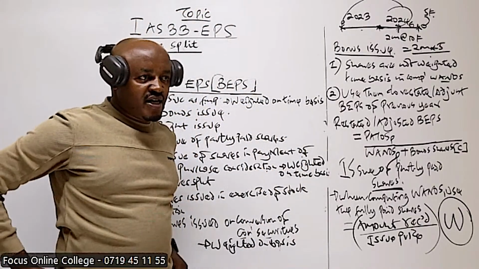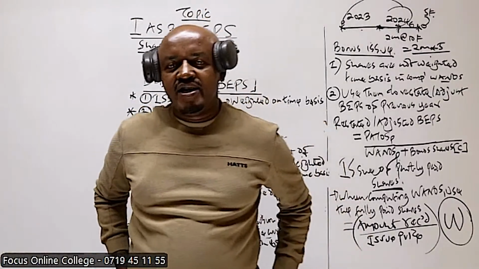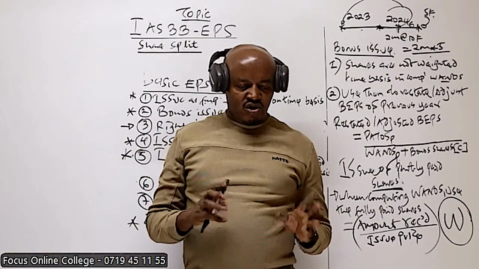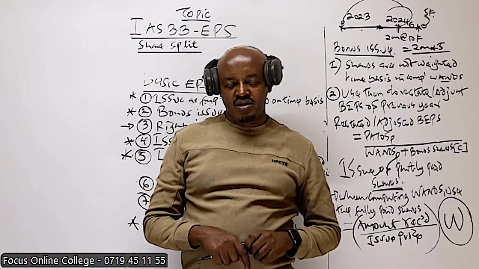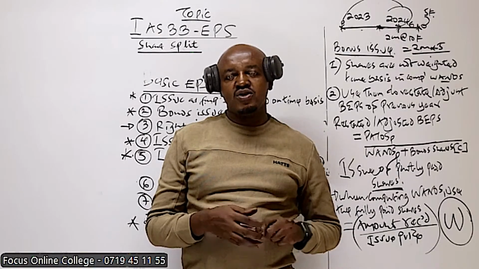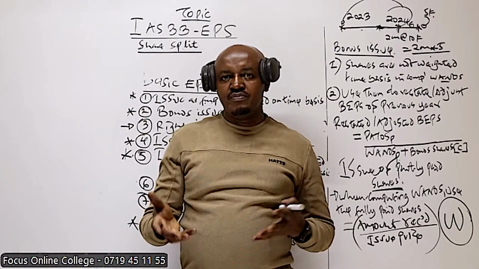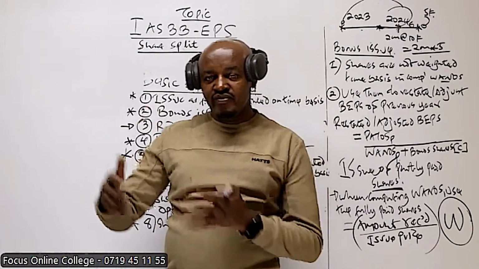A share split is whereby the company will subdivide one share into two or more shares. Usually, a share split happens where the market price of the company share has significantly increased, maybe due to the good performance of the company and high demand of the company shares.